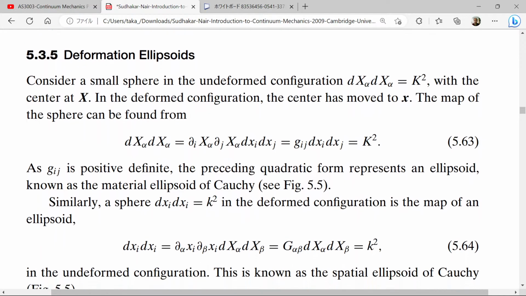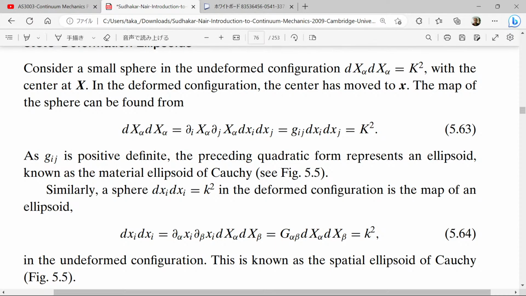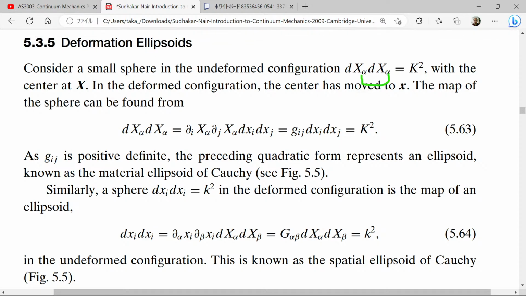Deformation ellipsoids. This sounds difficult. We consider a small sphere in the undeformed configuration: dX alpha dX alpha equals k squared. This is summation convention, so you should see this alpha is summed.